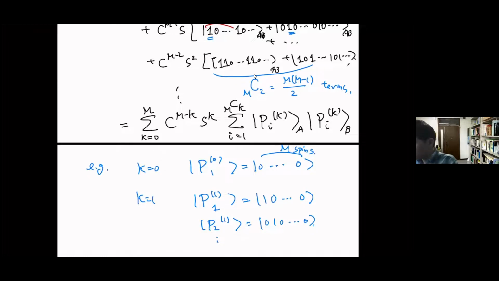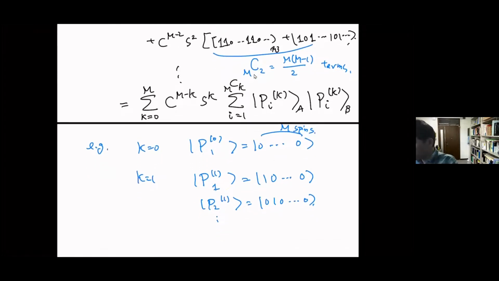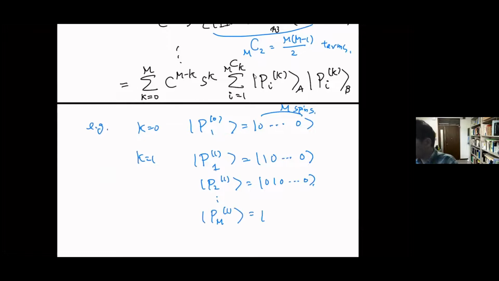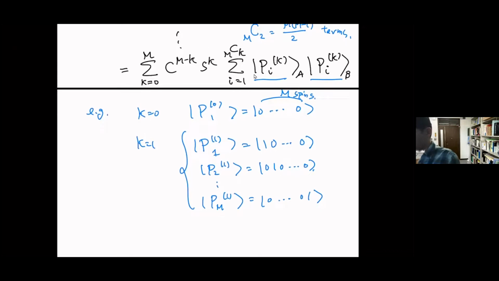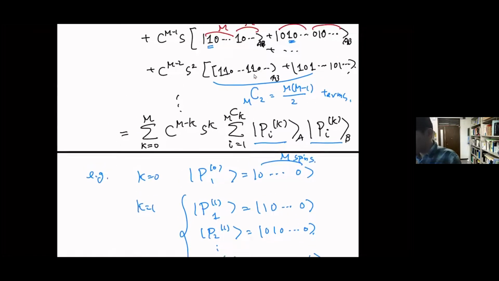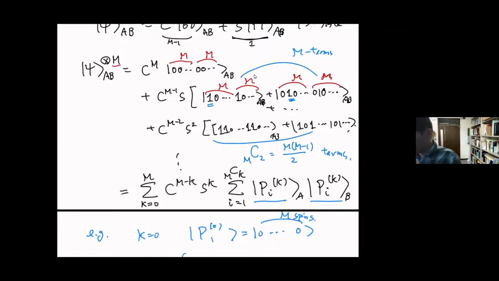And then we end up with PM1, which is like 0, 0, 0, 0, 0, M states. So we have this projector. We can rewrite psi AB to the n, the asymptotic limit.